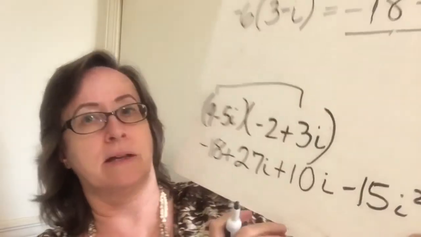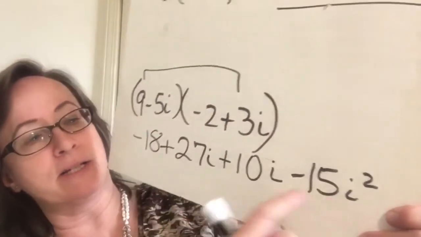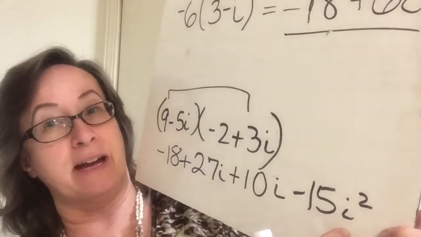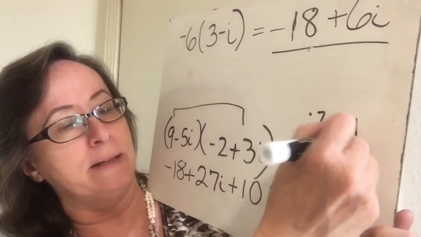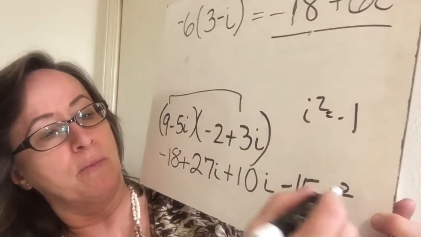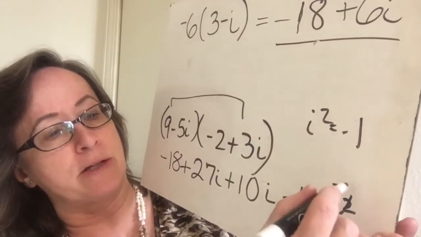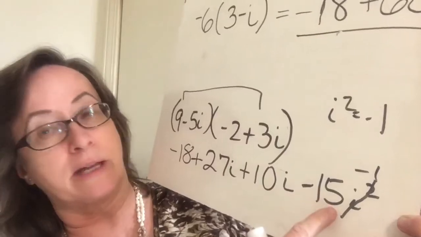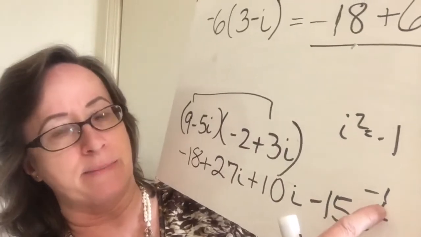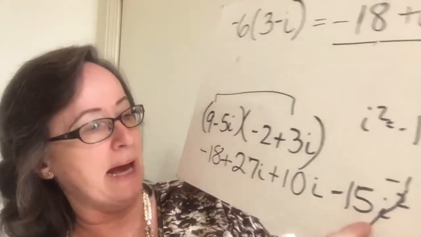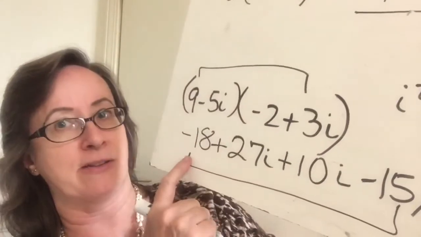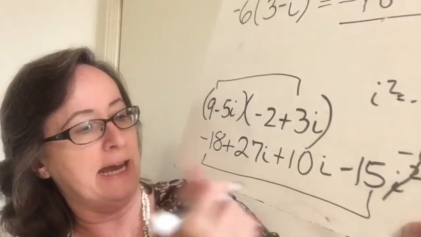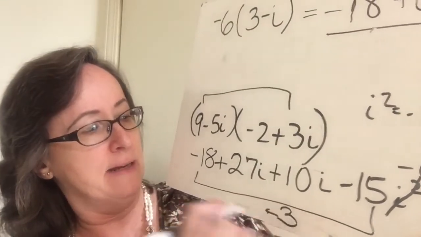Okay? Now, the i squared, remember, is defined as a -1. i squared is always -1. So now we're going to change the i squared to a -1, which is going to make this -15 times a -1 into a +15. I'm going to take the +15 and add it to the -18 and get a -3.